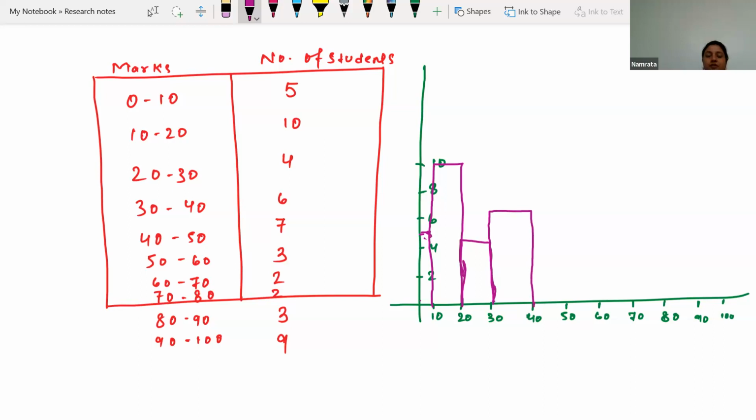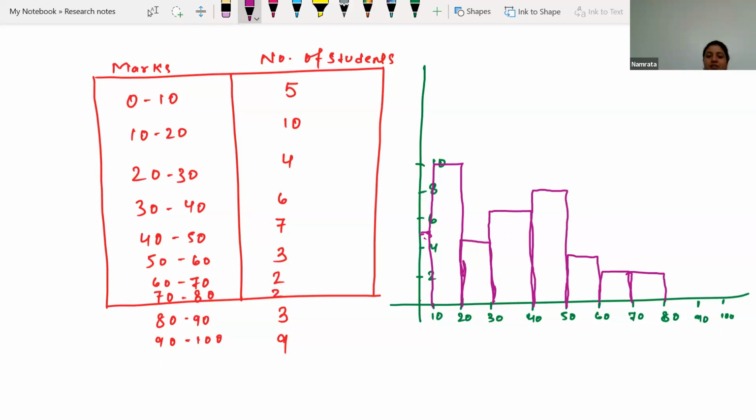Then 40 to 50, it's 7. Then 50 to 60, it's 3. Then 60 to 70, it's 2. Then 70 to 80, again 2.